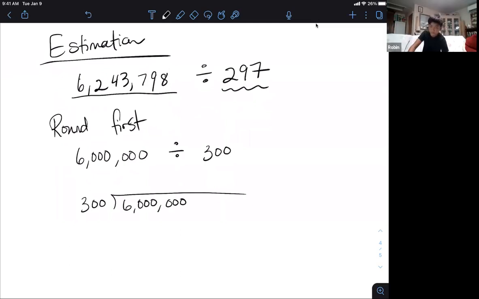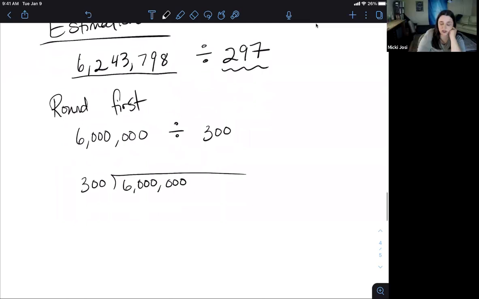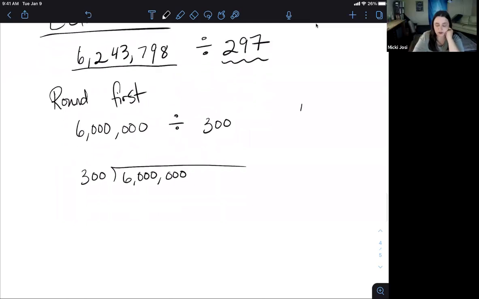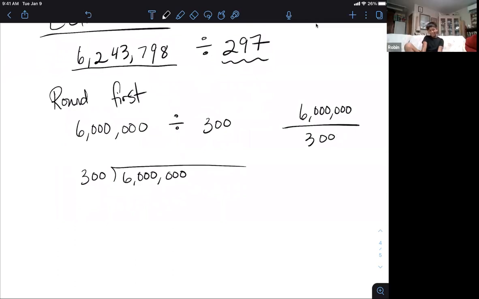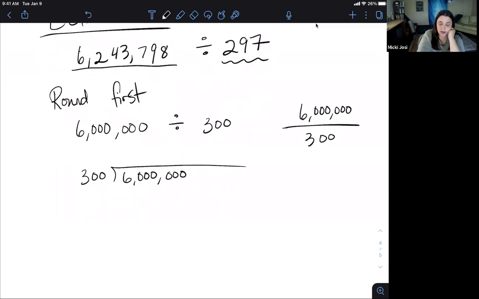Yep. But check this out. This is going to be an even easier problem. If I have 6 million divided by 300, it's really going to be the same problem as, get rid of 2 zeros on the top, 2 zeros on the bottom, 60,000 divided by 3.